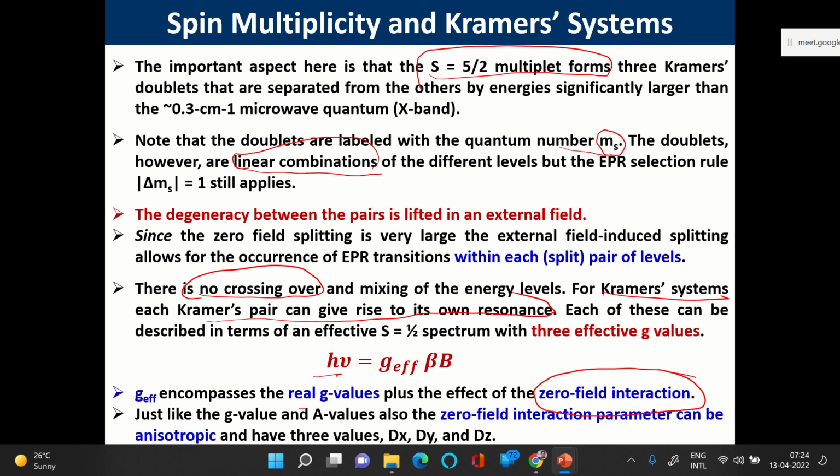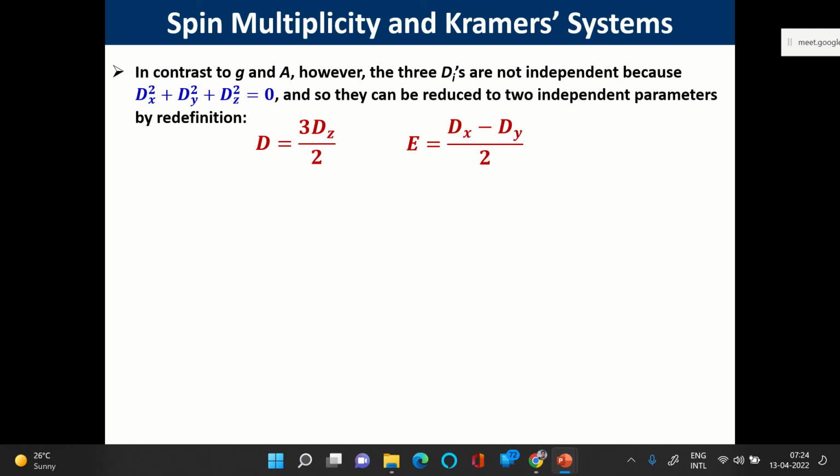This interaction can also be anisotropic. That means you can have different types of interactions along the x, y and z axes. To define that and develop a framework for understanding it, we have a system in place. A is the small a we represented initially.